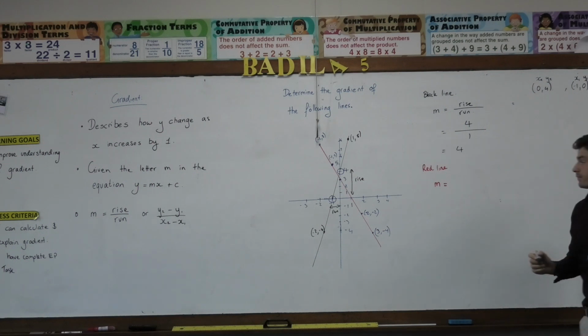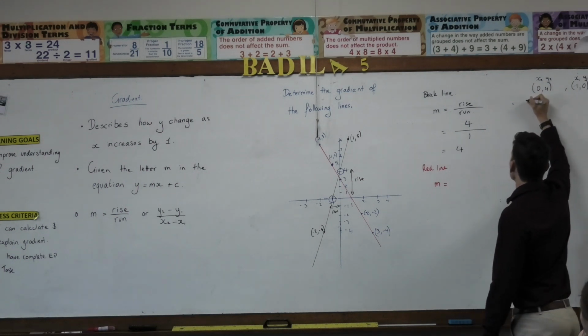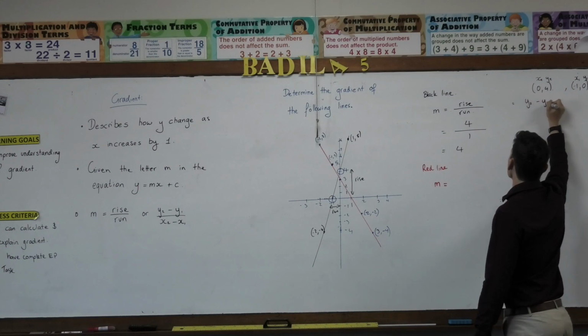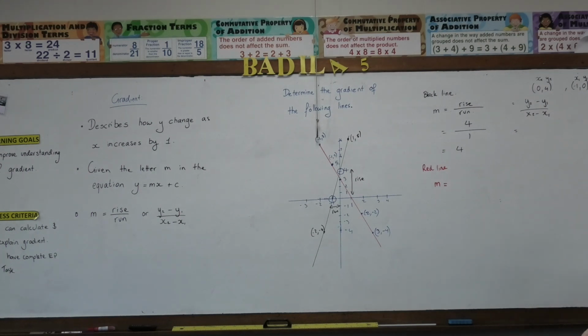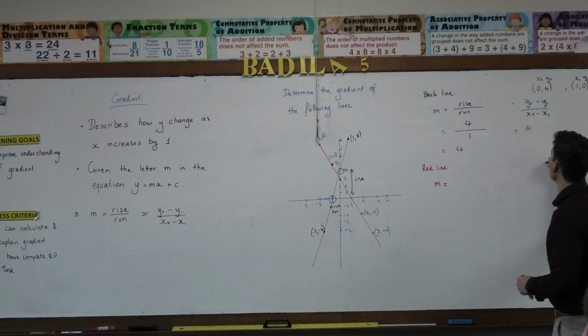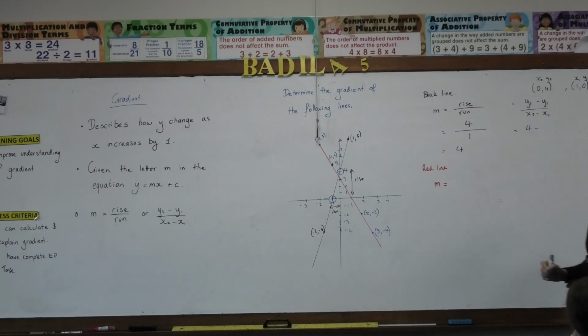So now I put in y2 minus y1 over x2 minus x1, and all I do is substitute my values in. What number is y2? 4. So I put 4 in place of y2. Minus what's y1? 0.